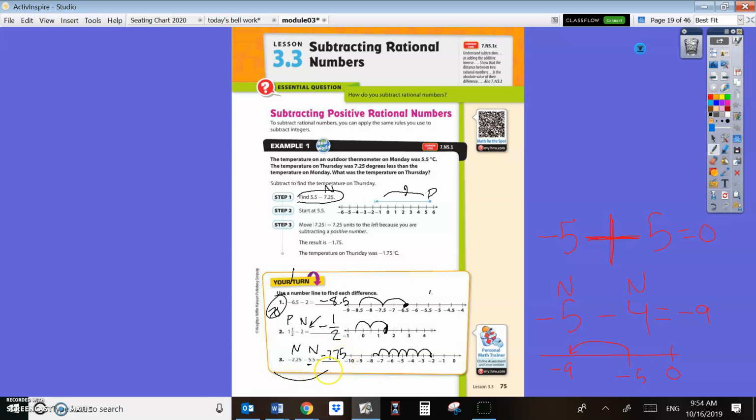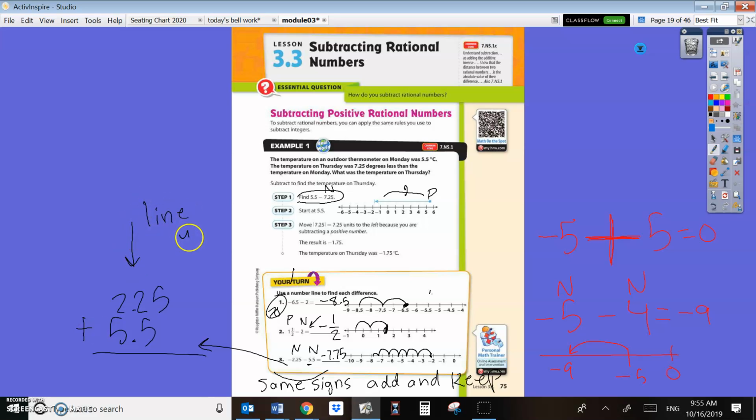For me, I think it's easier to notice that these are the same signs, so you need to add and keep. If you look over here, you've got 2.25 and 5.5. Just line up the decimals. Okay? Line them up. Add 5, 7, 7, but then keep it negative.